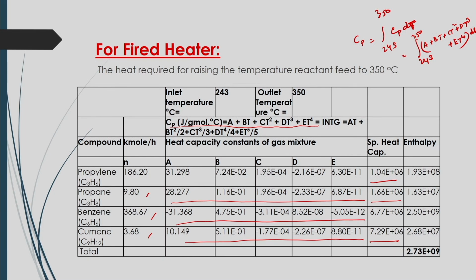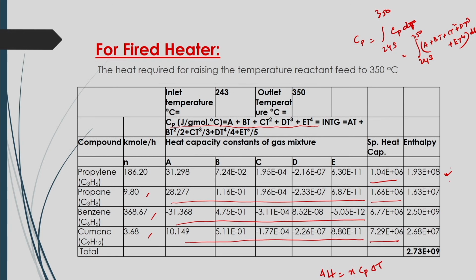This enthalpy is basically for the gaseous mixture. So, it is within that range of temperature change, and accordingly that enthalpy can be calculated simply. Delta H is to be calculated as N into Cp into delta T. So, in this way you have to calculate.